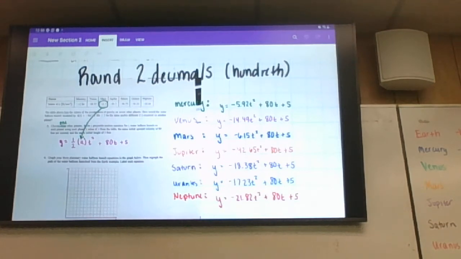This is the x value. Sorry, do we have to use decimals if we want to go up further? Yeah. 2.83 times 0.83.